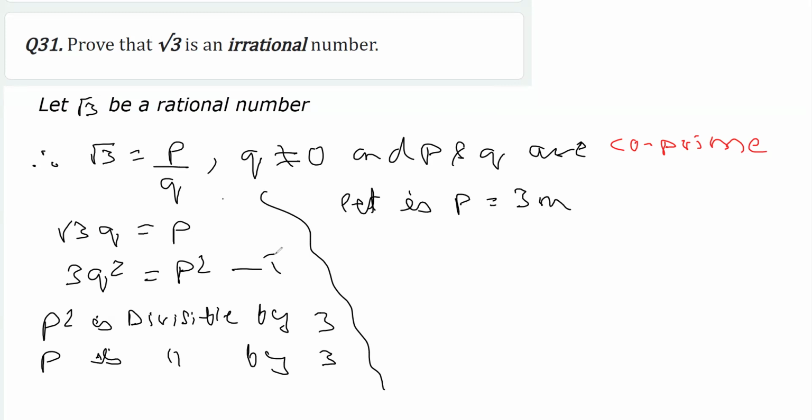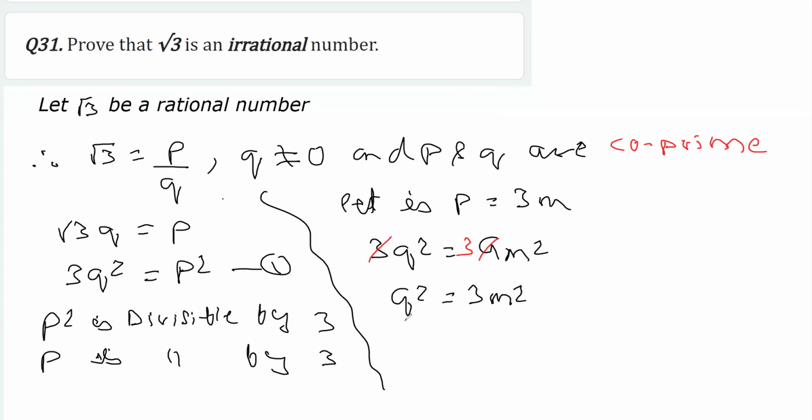Now from this equation, I'm going to replace P with 3m. So it's going to be 3 times Q square is equal to 3m whole square. That is going to be 9m square. Let's reduce it. So here we can say that Q square is equal to 3 times m square.